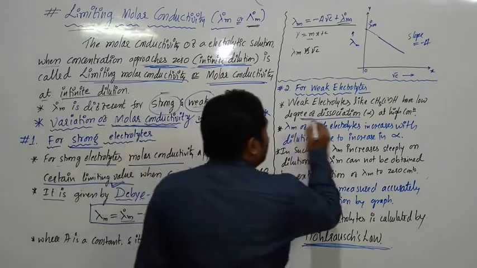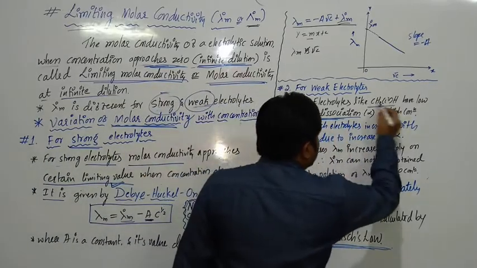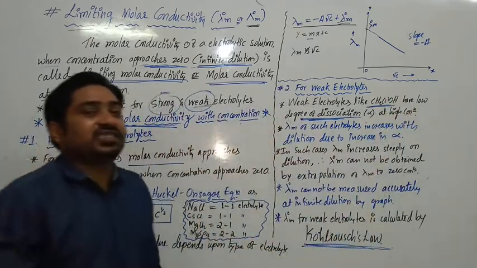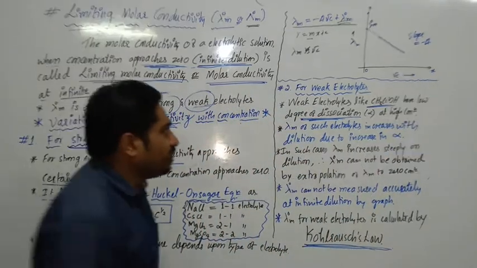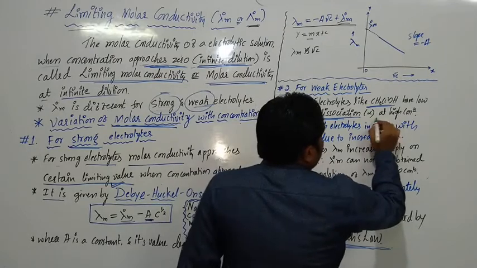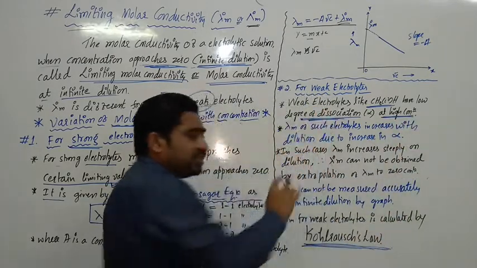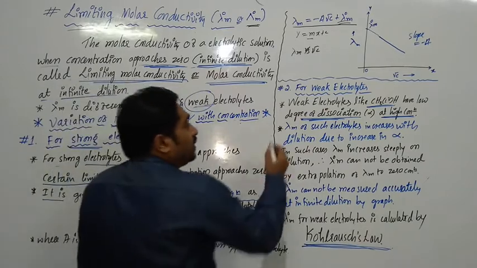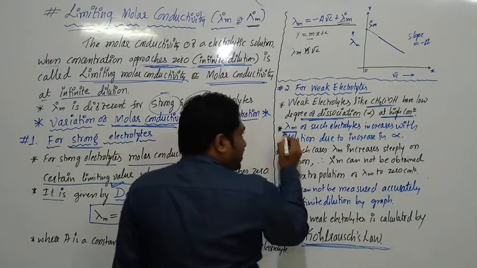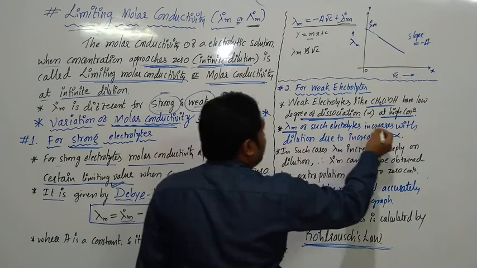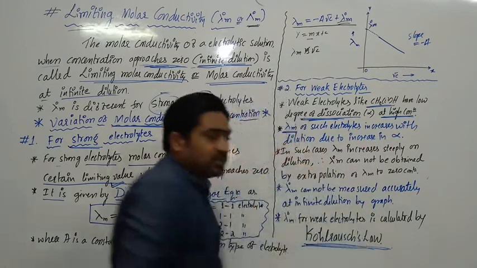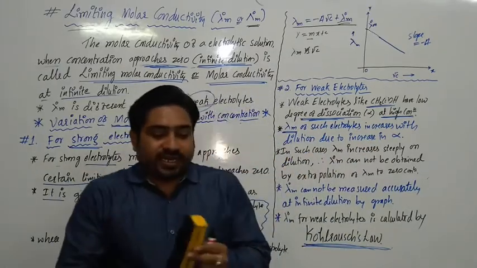It is very small for acetic acid because acetic acid is a weak electrolyte. At higher concentration the degree of dissociation is very low. Molar conductivity of such electrolytes increases with dilution.